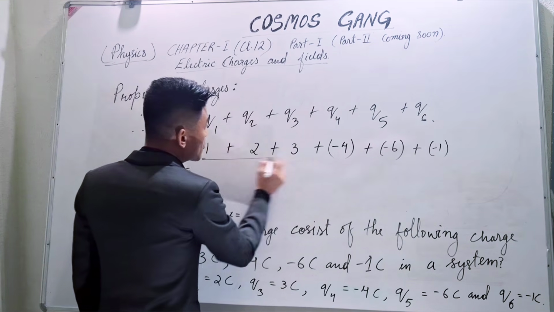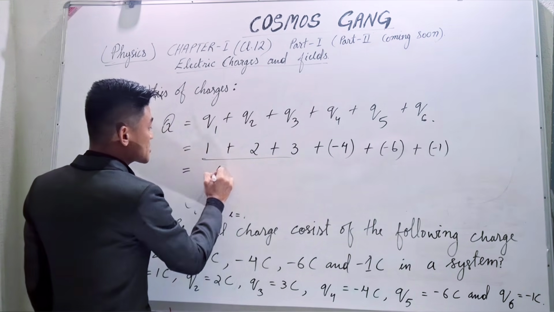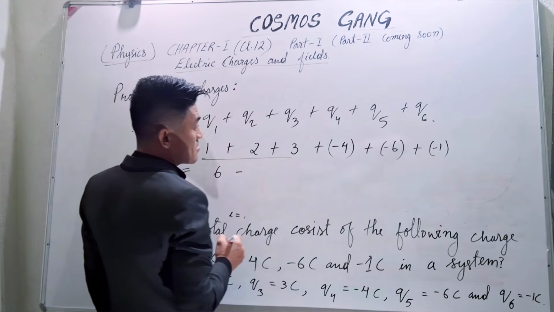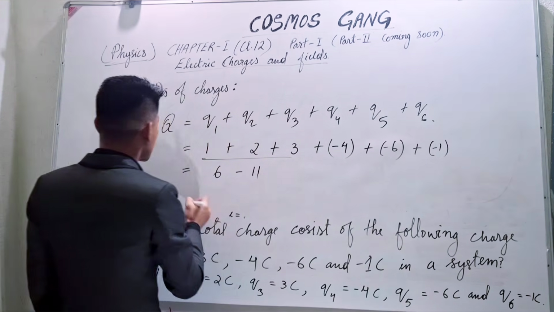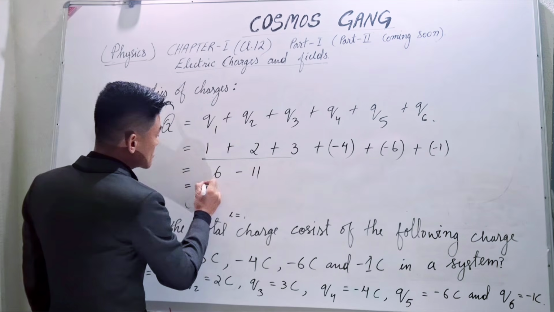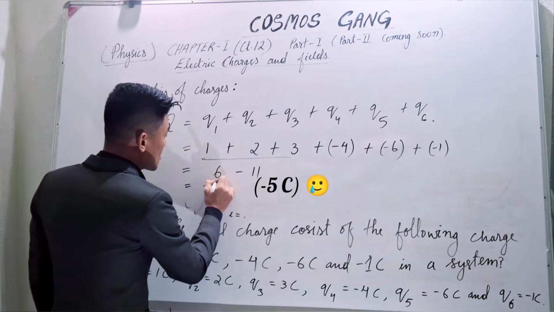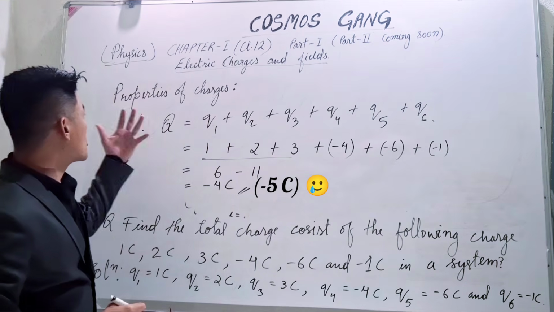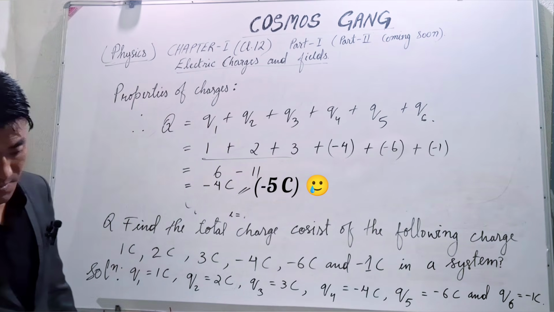If I add all the positive numbers, it becomes 6. If I add all the negative numbers, it's going to be minus 11. So the total charge in the system is minus 5 coulomb. So this is how we are going to use this property.